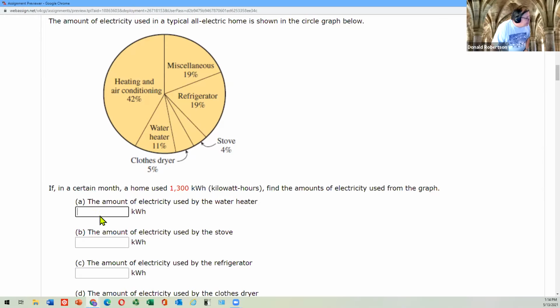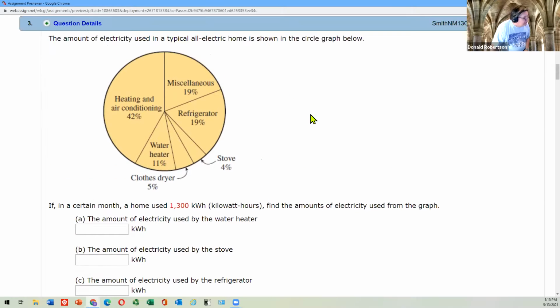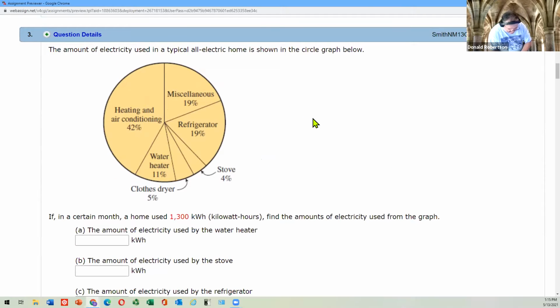We're now going to be asked to calculate using the information in this picture. So I'll just pick one and show you how you would do it. Let's see how much is used by your refrigerator. The answer as a percentage is 19, and the kilowatt hours in this month is 1,300.